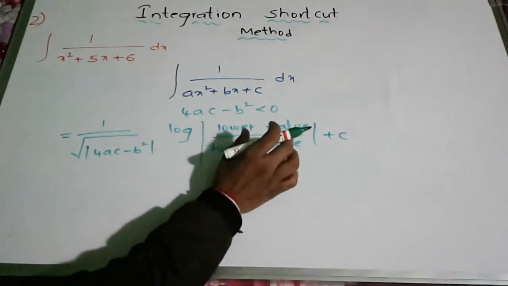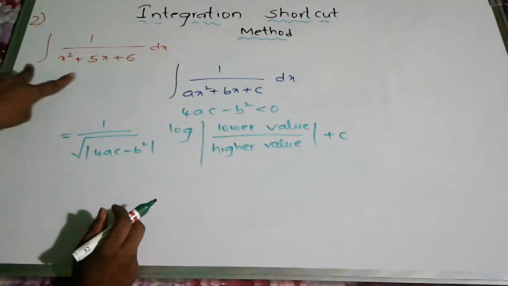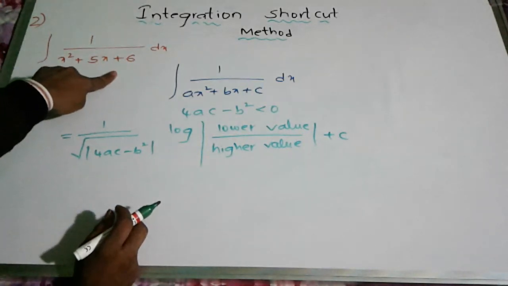Here the meaning of this lower value and higher value is the linear factors of this quadratic equation.